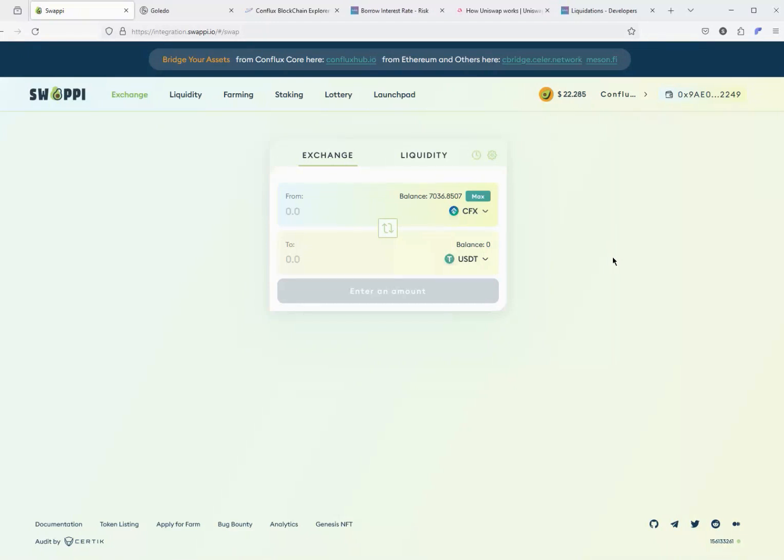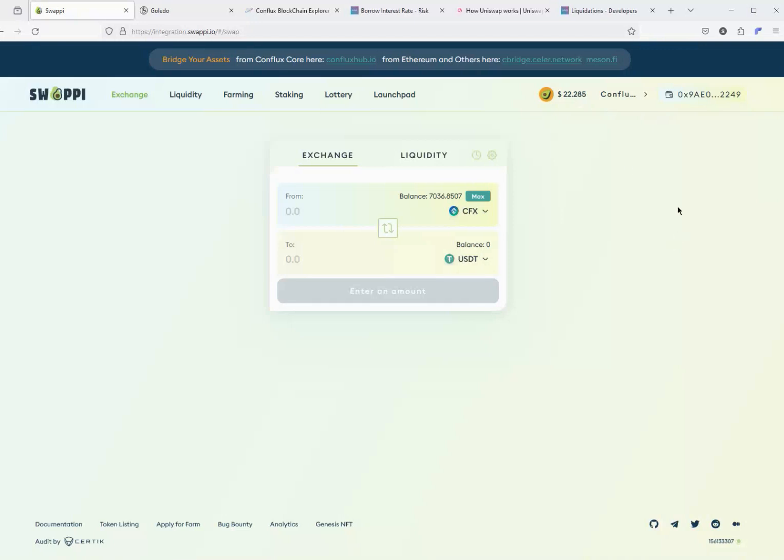We call it DEX. DEX is short for Decentralized Exchange. And our DEX will be based on AMM, which is short for Automated Market Maker.